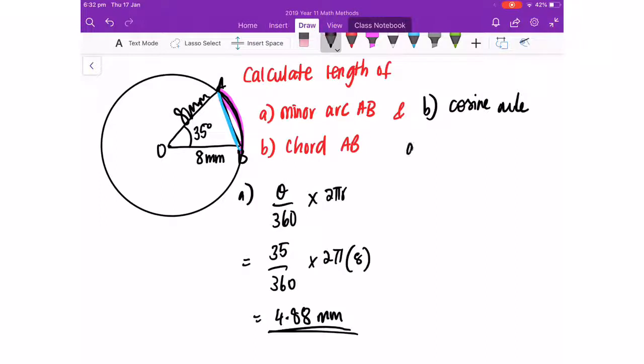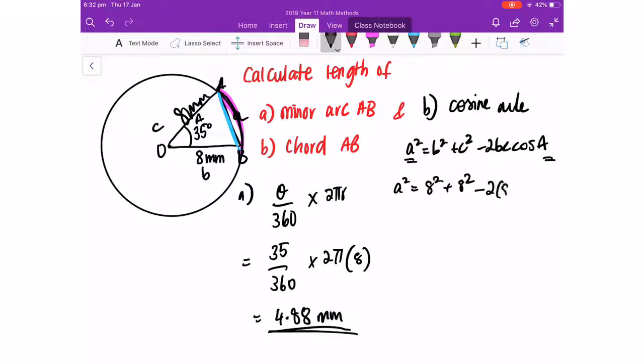For those who have forgotten, the cosine rule: a squared equals b squared plus c squared, take 2bc cosine A. Remember, the side a has to be opposite that angle A. So this is lowercase a, b and c, and b and c are the same. So a squared is equal to 8 squared plus 8 squared, take 8 times 8 and multiply that by cosine 35.